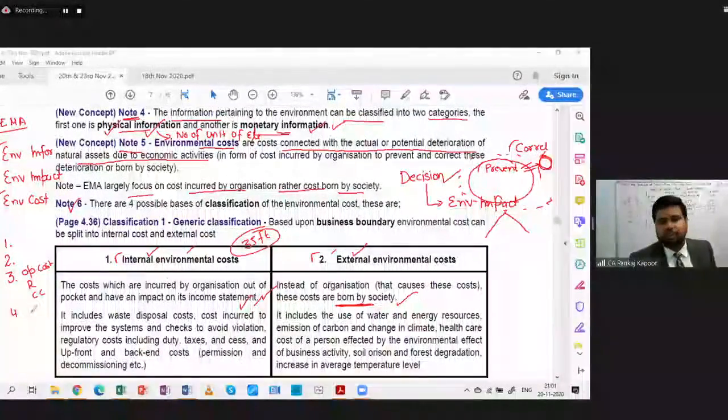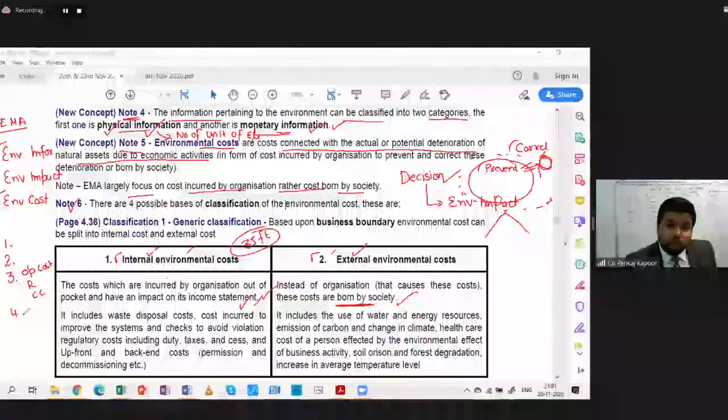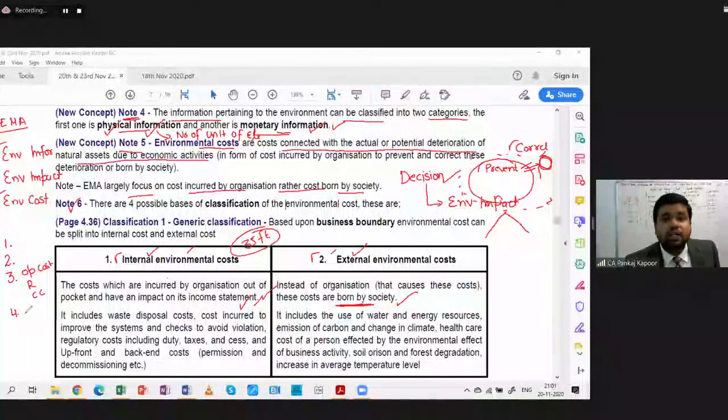Then the fourth concept: what is the meaning of environment cost? Environment cost is the cost either incurred by the company or borne by society out of the action done by the company, which may result in actual or potential deterioration of the natural resources.